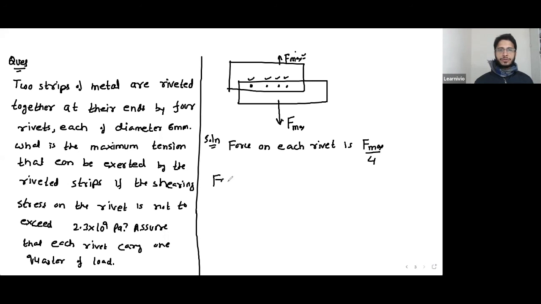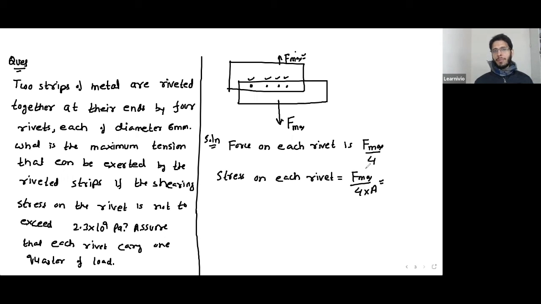So stress on each rivet is this force divided by the area of each rivet.